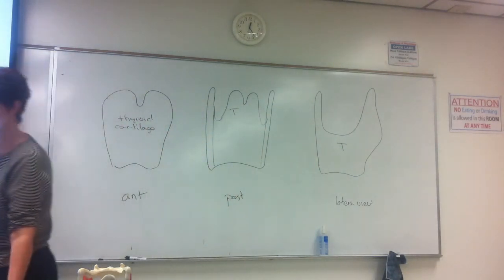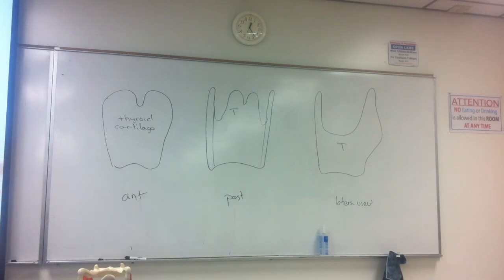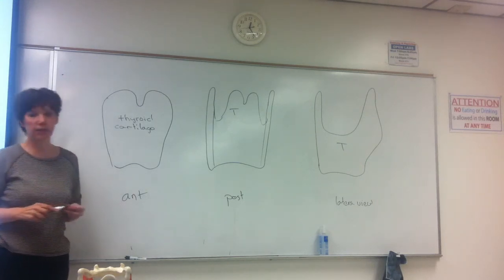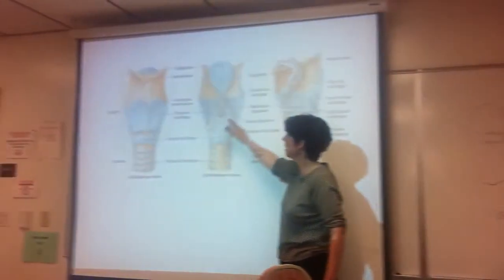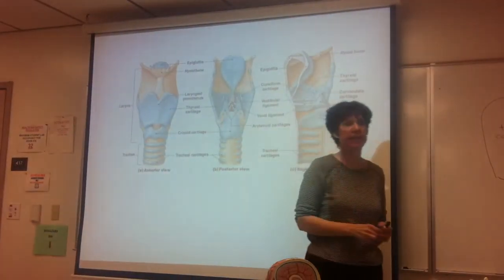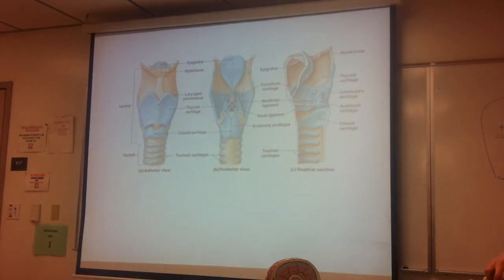The next largest cartilage, the complete cartilage in ring formation, is the cricoid cartilage. The cricoid cartilage is narrow in the front and very wide posteriorly, so it partially fills in this open gap of the thyroid cartilage.